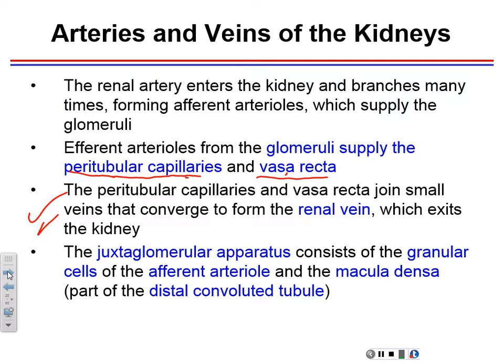They are kind of specialized cells of the epithelia of the afferent artery, the one that's going into the glomerulus. Sometimes they're called juxtaglomerular cells, because they're next to the glomerulus.